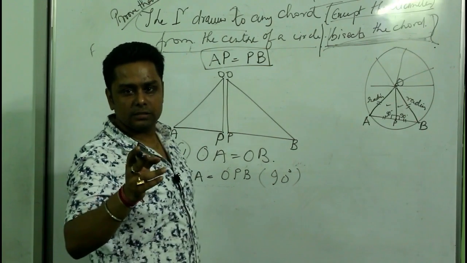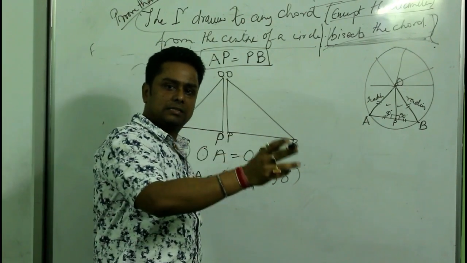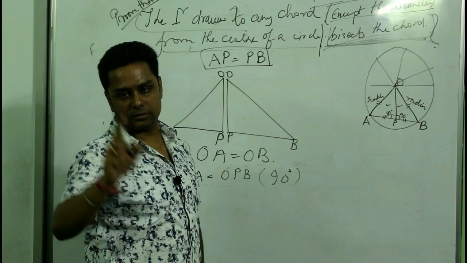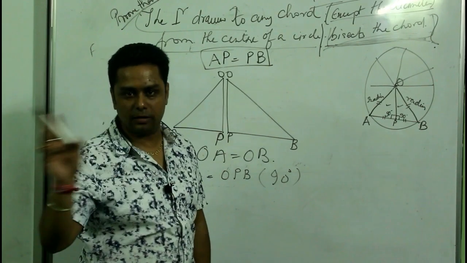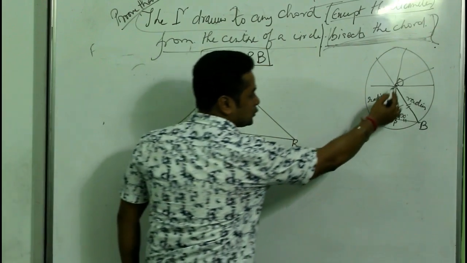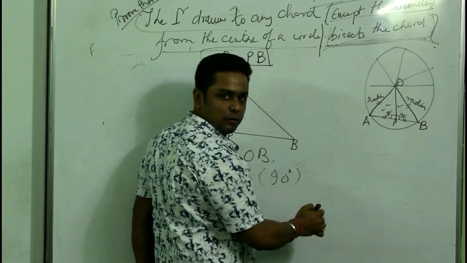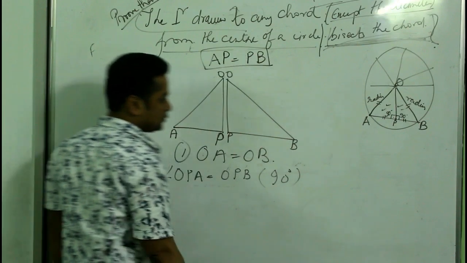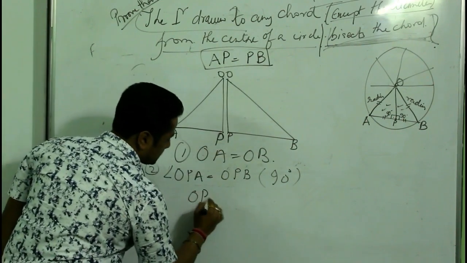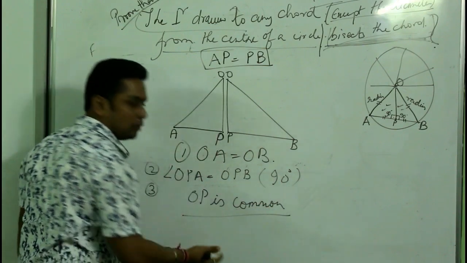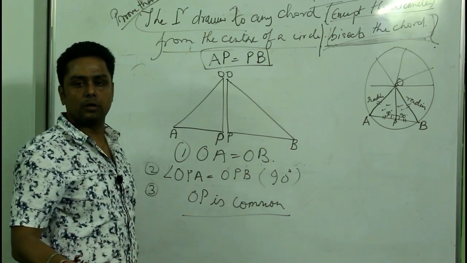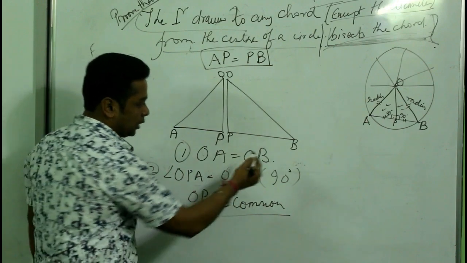Now Gina is Lisa's friend, Gina is Eriko's friend. So Gina is common? Yes. So OP is here also, OP is here also. That means OP is common. Finished. Theorem completed. Wow.